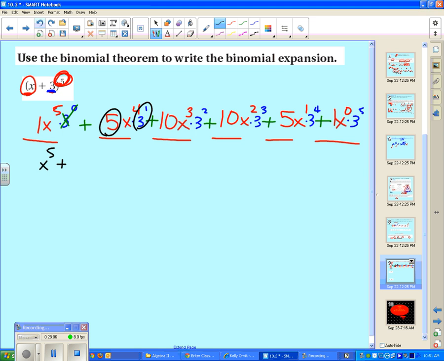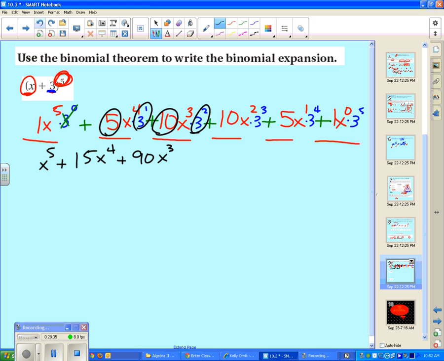So I have 3 to the first, which is 3, times 5 is 15. So this one's going to be 15x to the fourth. Next one, remember you always have to do this exponent first. So 3 squared is 9, times 10 is 90.